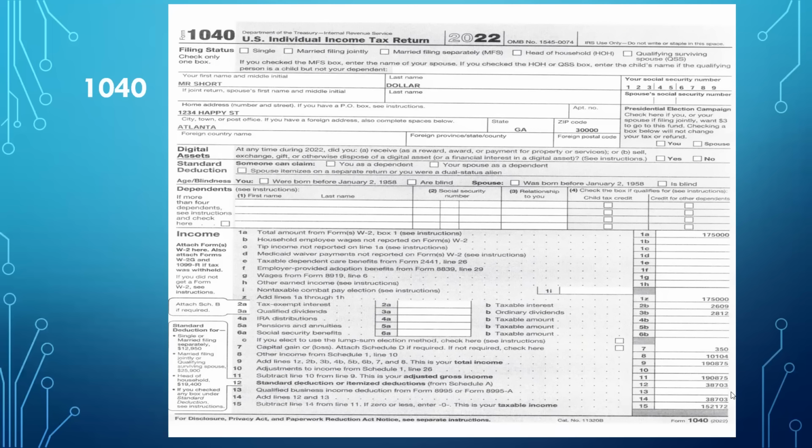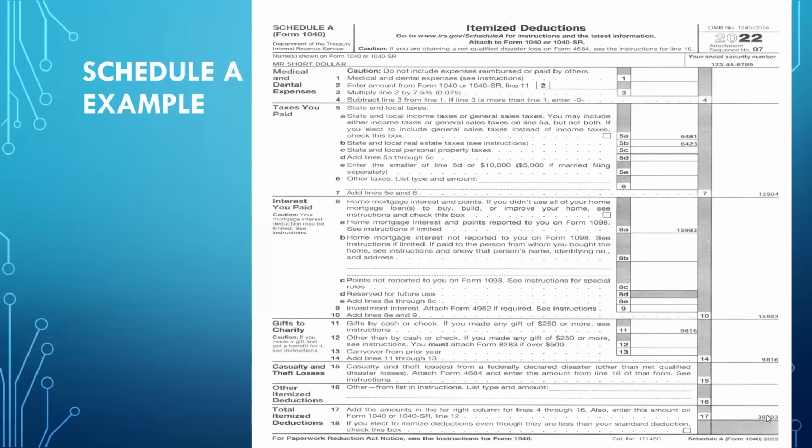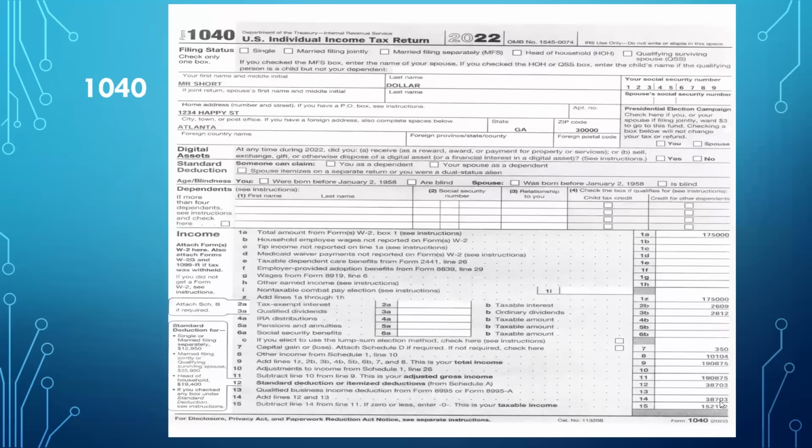They'll also give you a chance to make an adjustment for qualified business income, which is irrelevant for what we're doing. You see right here, line 14, that total 38,703. Again, that's the total from your Schedule A. It flows right here, and this final number is your taxable income. But right above it, on line 11, 190,875, your adjusted gross income.